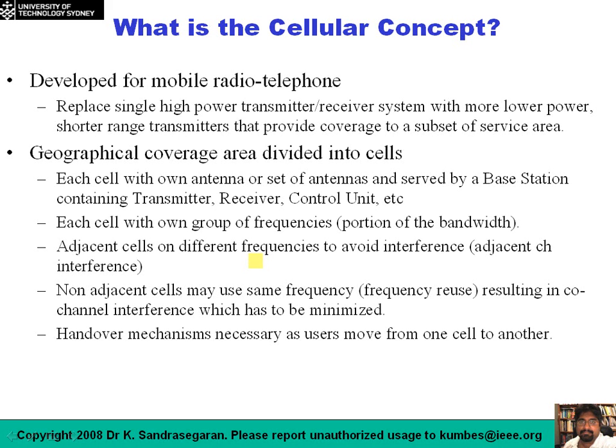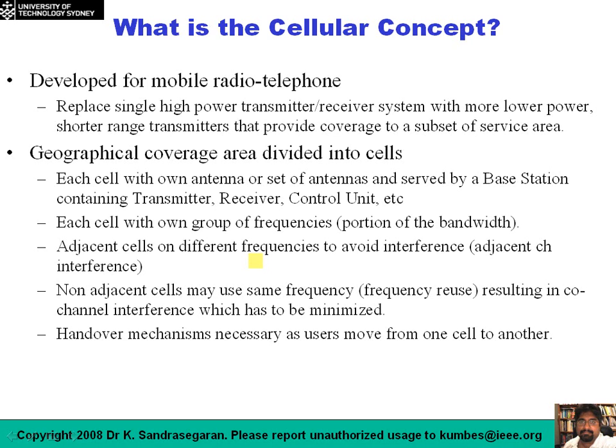Now, one of the consequences of having a cellular network, which is dividing our coverage area into small cells, is that as a user moves from one cell to another cell, we have to make sure that the user is always connected to the best base station.